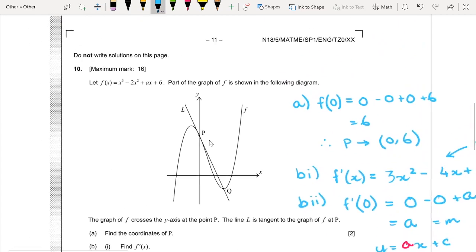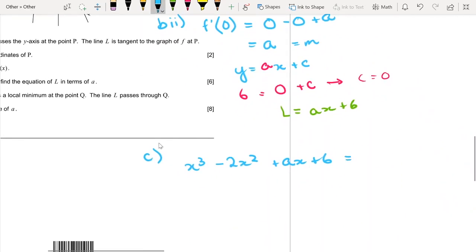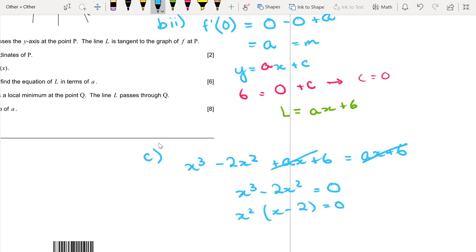This is the exact equation that was just given to us for f, and then we'll set that equal to L, which is what we just found, ax plus 6. These cancel, and so now we know that x cubed minus 2x squared equals 0. And we can factorize that, take the x squared out, x squared times x minus 2 equals 0.